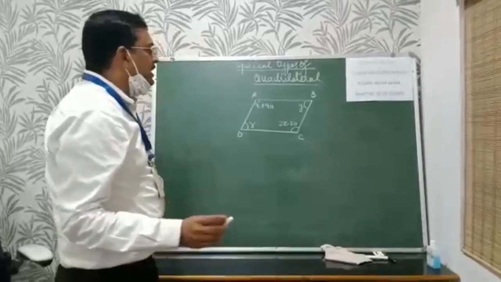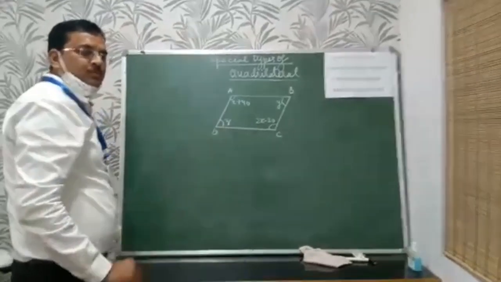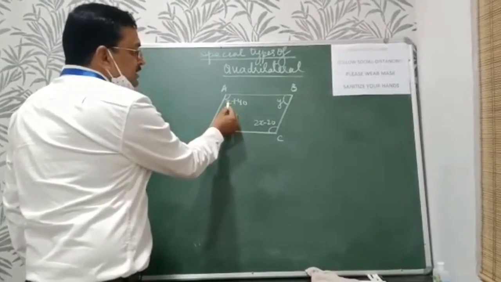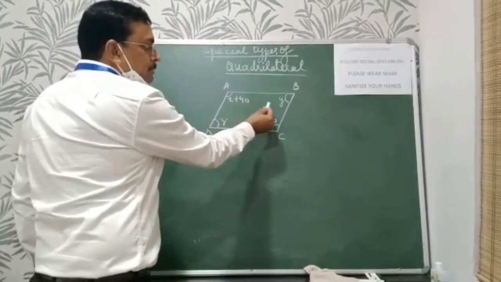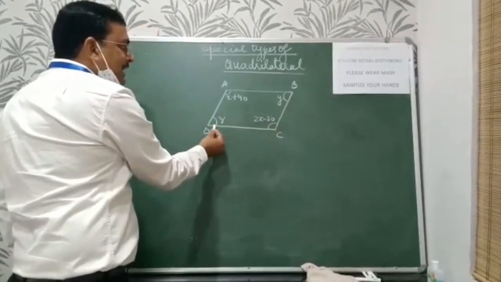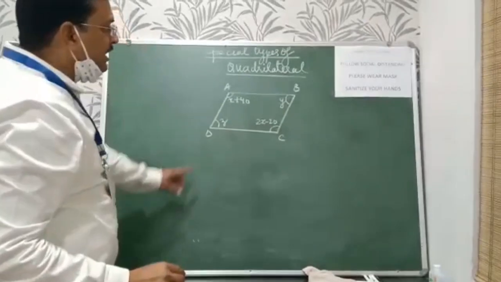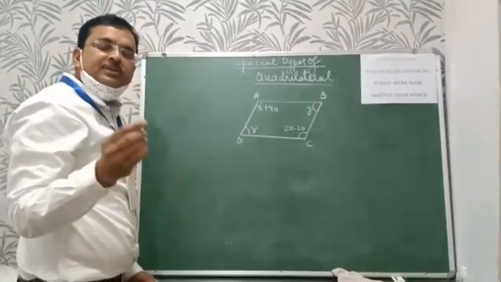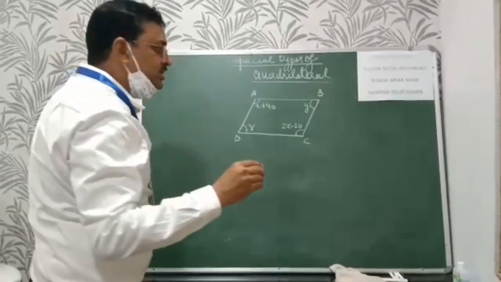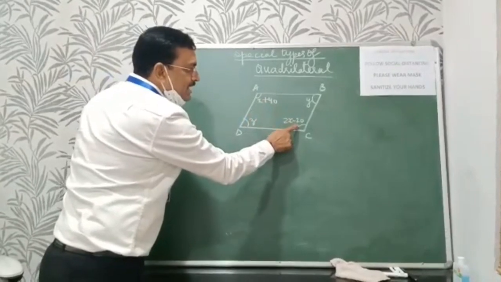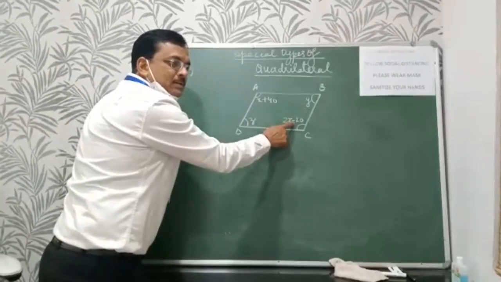Now students, I will give you one question to solve. Here angle A is x plus 40, B is y degrees, C is 2x minus 20, and D is z. Now we can find the values of x, y, z. According to the properties of a parallelogram, opposite angles are always equal.